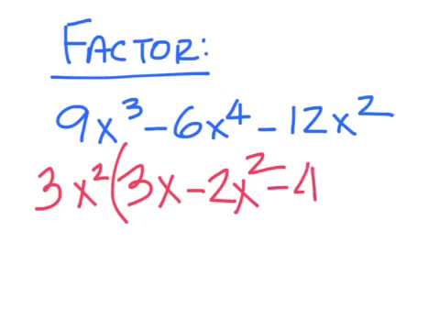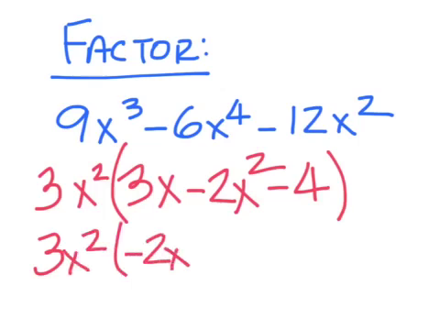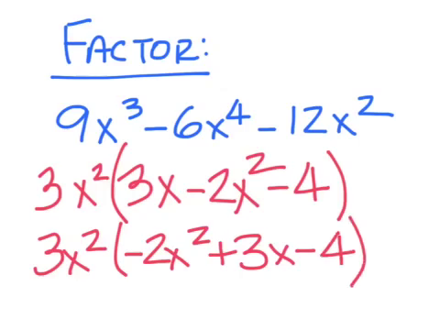So we'll have a minus 4, and x squared times what is x squared? 1, so you don't have to write it. Put your expressions in descending power of x inside the parentheses. So we have negative 2x squared plus 3x minus 4.